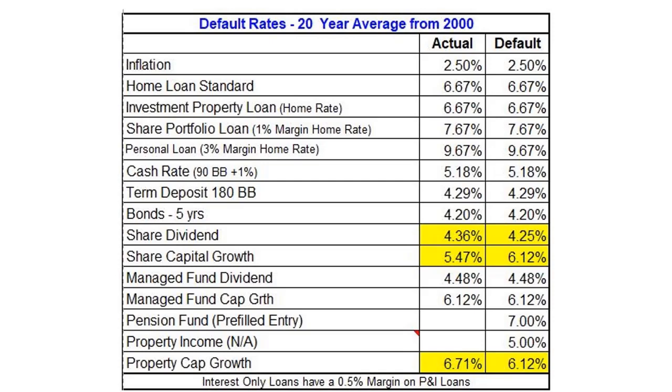The Financial Mappers default rates have been derived from the 20-year average investment returns from the year 2000. During this time, the capital growth for shares was 5.47% and established housing 6.71%. The GFC had a significant impact on share prices.